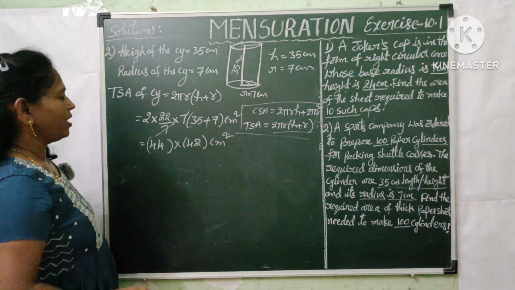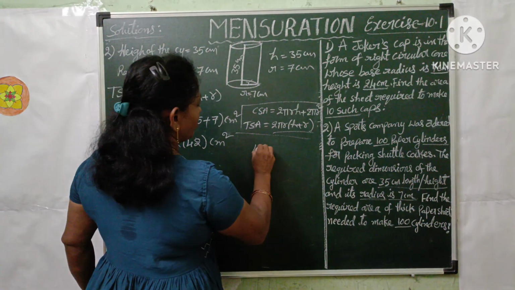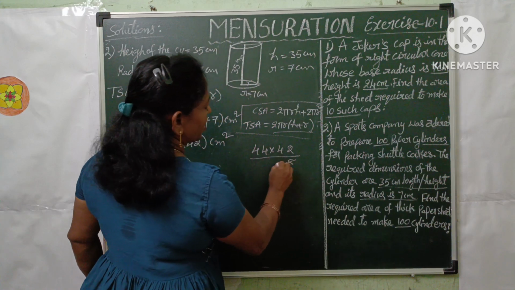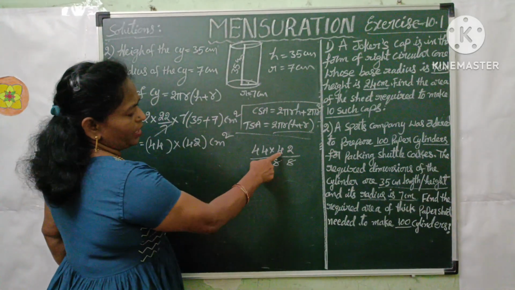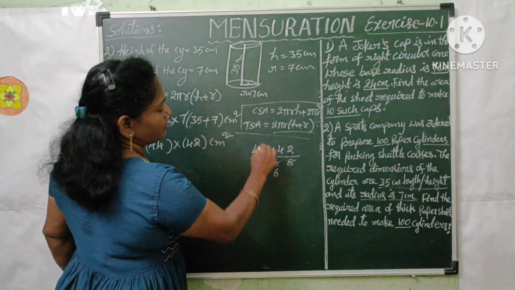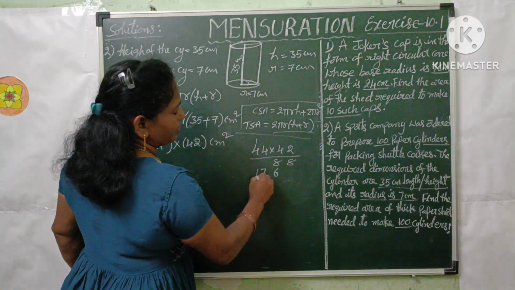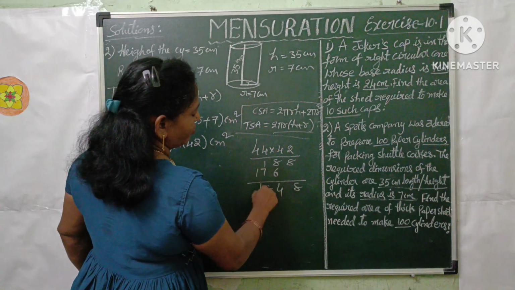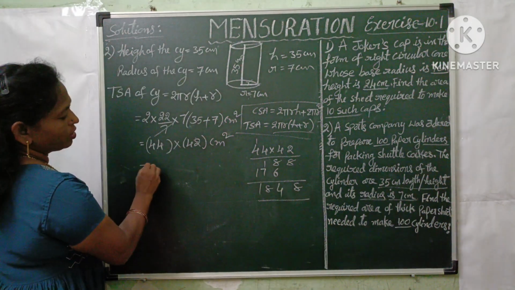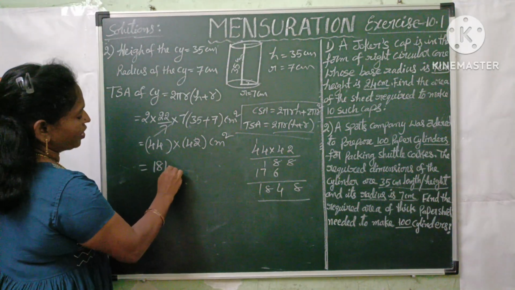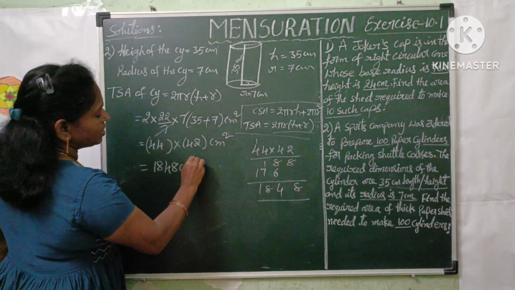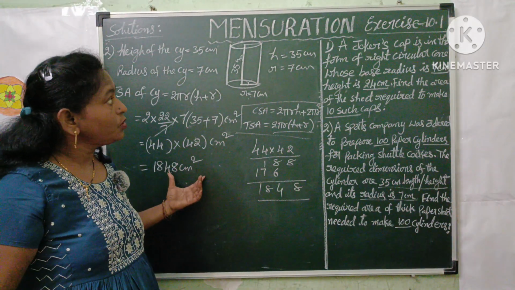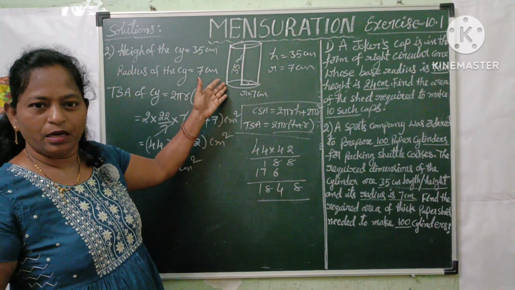We need to multiply here 44 into 42. 2 4s are 8, 2 4s are 8. Again 4 4s are 16, 1 16, 17. That is equal to 1848 centimeter square.